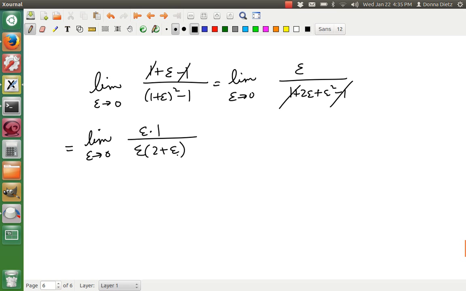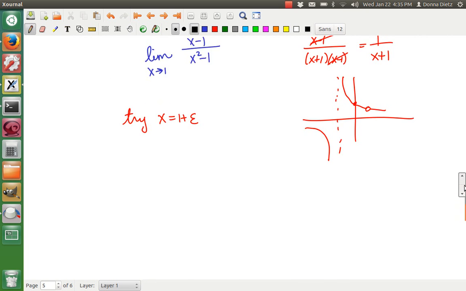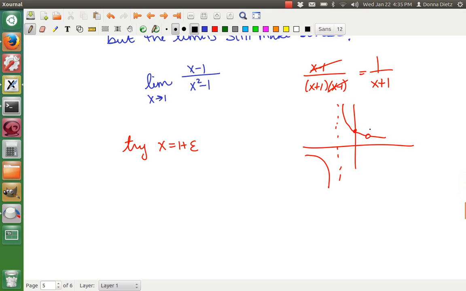And so the point we're making here is, since we're never going to reach epsilon being 0, epsilon is going to go to 0 but never going to be 0, we can allow ourselves to cancel out those epsilons. Okay, so this is a little sleight of hand, but you know, it's valid. And so now we can pop the epsilon in, and the answer is 1/2. So this picture I drew up here, this point is (1, 1/2), which we knew because it's really like that function up above. Okay?